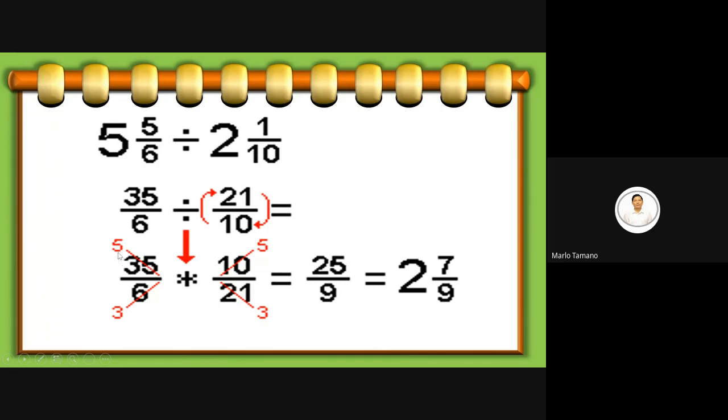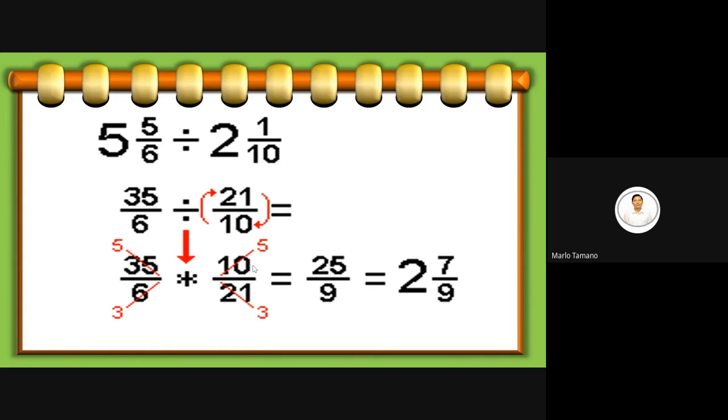Di ba 5? So ilalagay nyo po doon yung sagot. So 5 and 3. Dito naman po sa 6 and 10, pareho silang divisible by 2. Mahalaga po na alam ninyo yung divisibility rule.